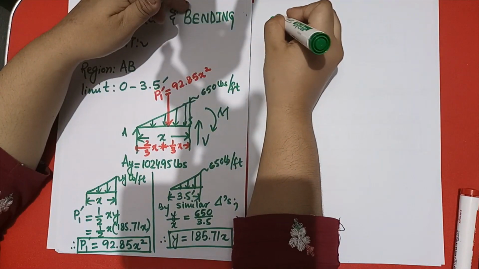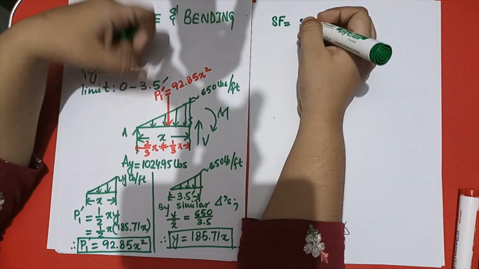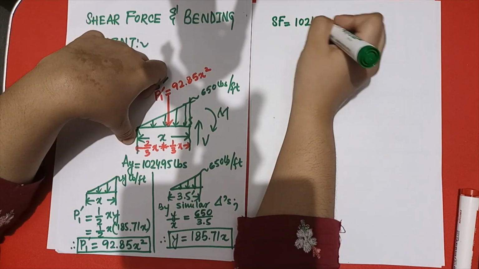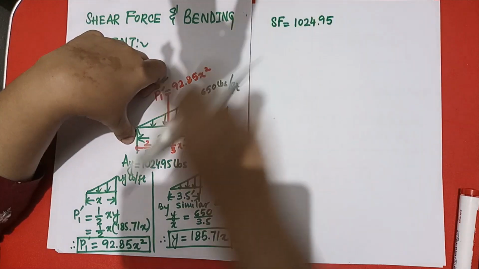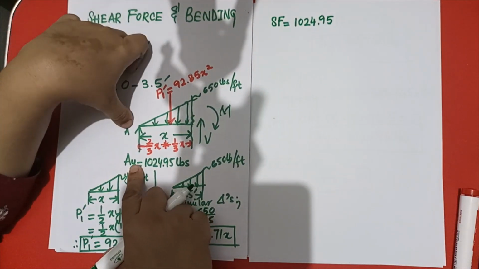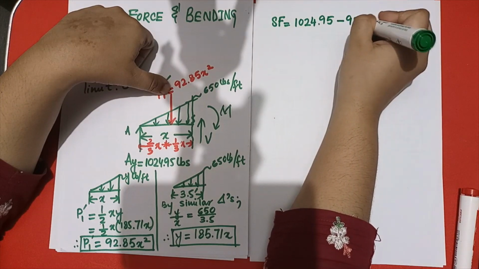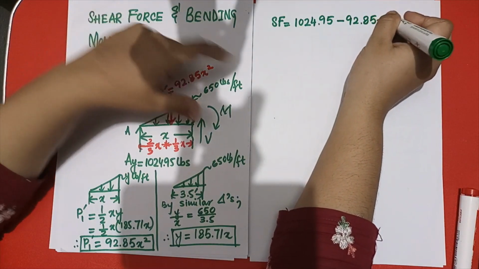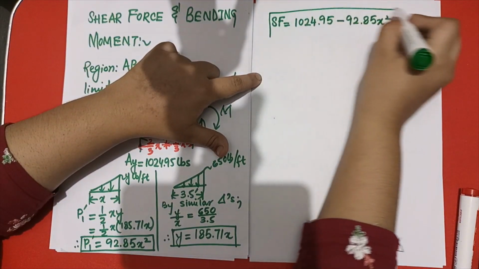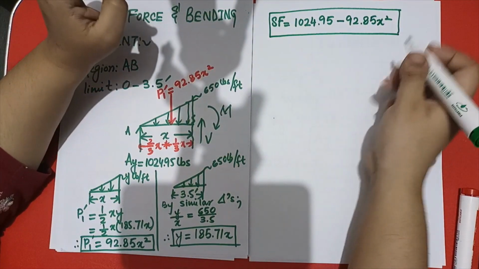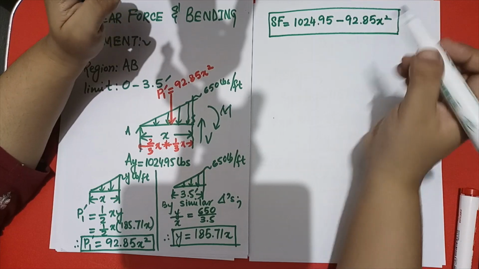The shear force equation will be 1024.95, because it is a vertical upward force, positive, and this is downward, so it should be negative, 92.85 x square. You can see over here that you are getting a second degree equation, a quadratic equation, because it is having x square.